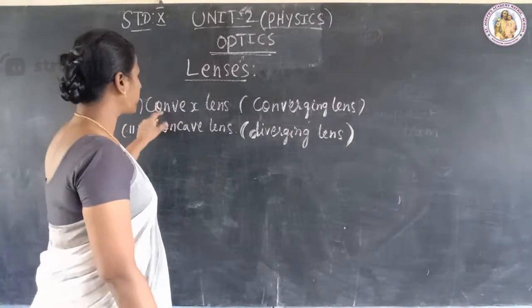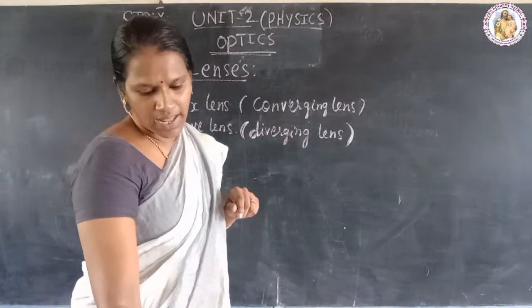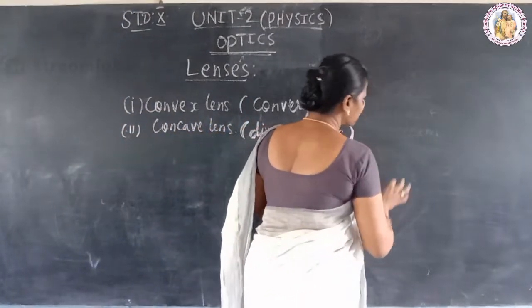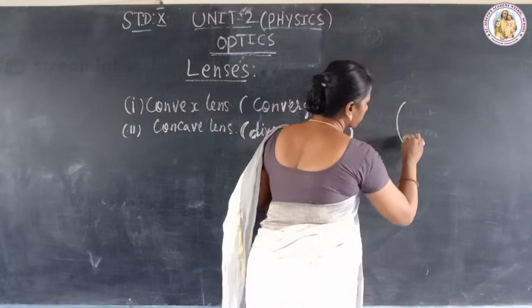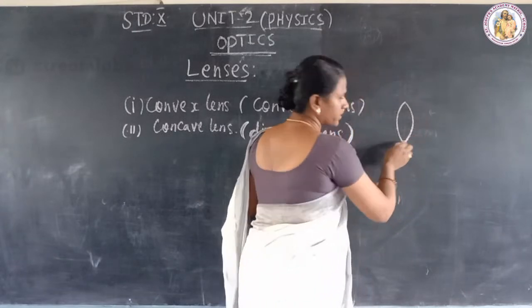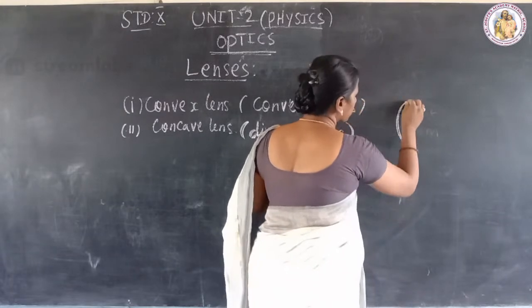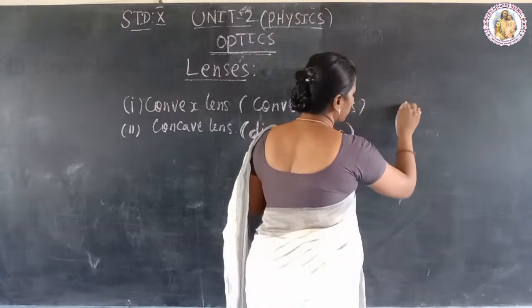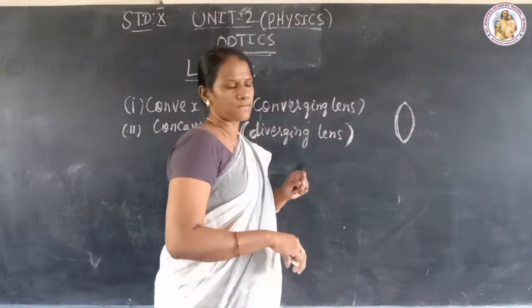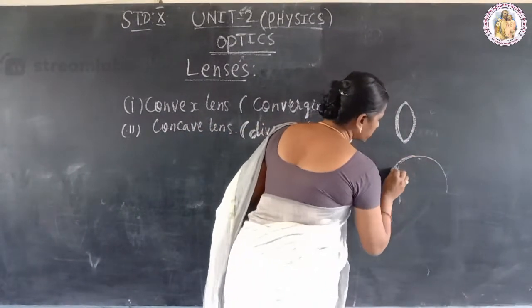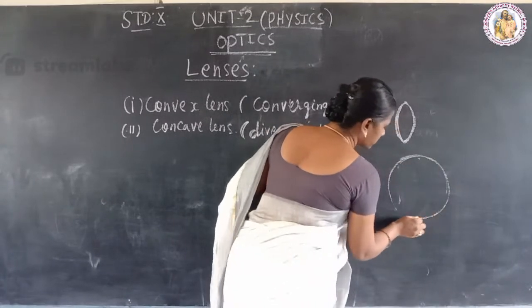A convex lens is a lens bounded by two spherical surfaces. What is the shape of the convex lens? Like this. How is it made? This convex lens is actually a part of a spherical mirror.